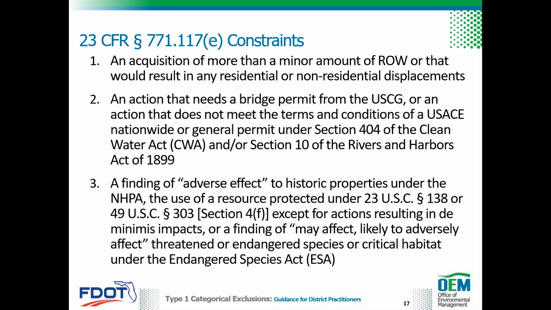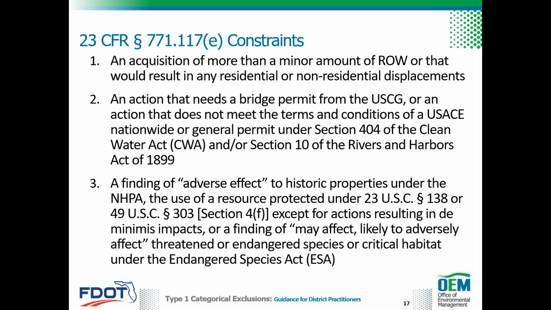The Section E constraints include acquisition of more than a minor amount of right-of-way or that would result in any residential or non-residential displacement, an action that needs a bridge permit from the U.S. Coast Guard, or an action that does not meet the terms and conditions of a U.S. Army Corps of Engineers nationwide or general permit.